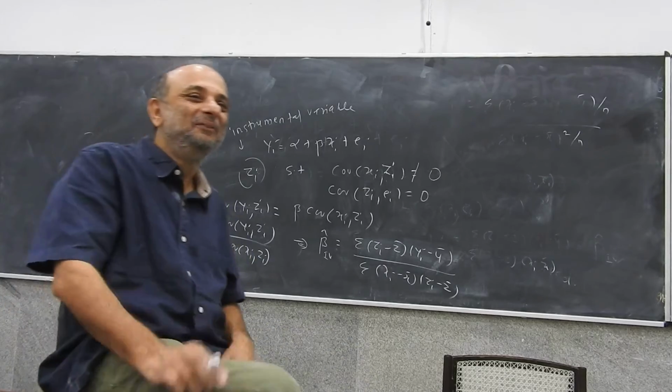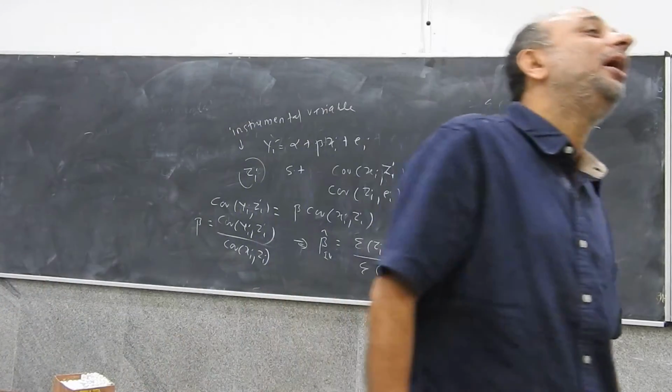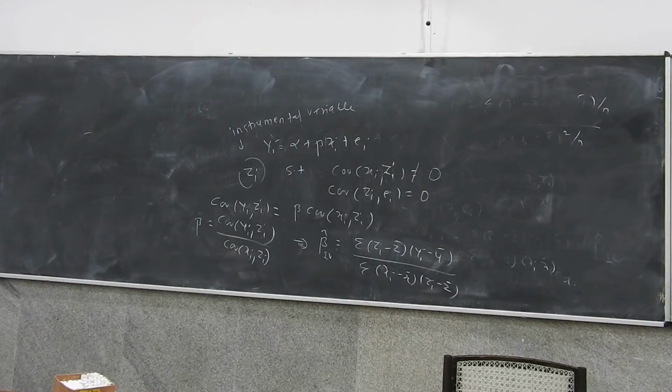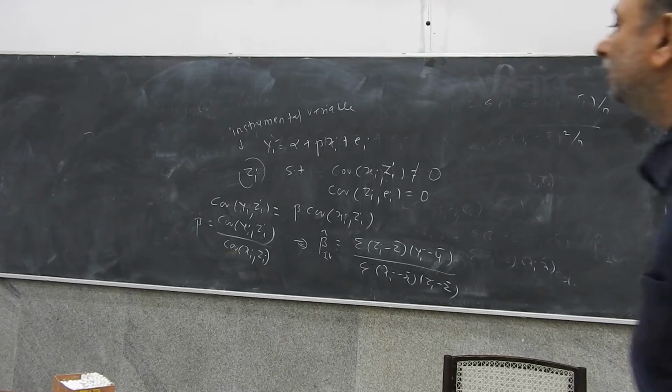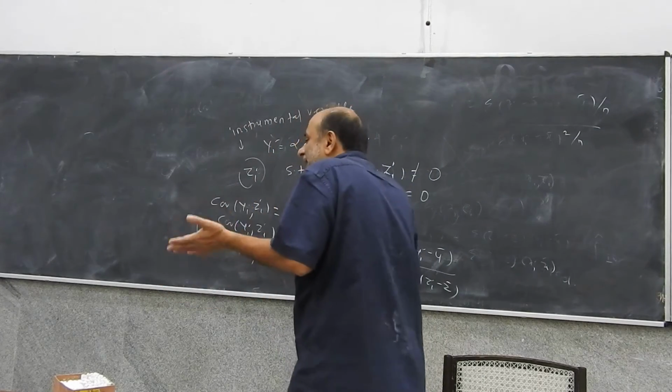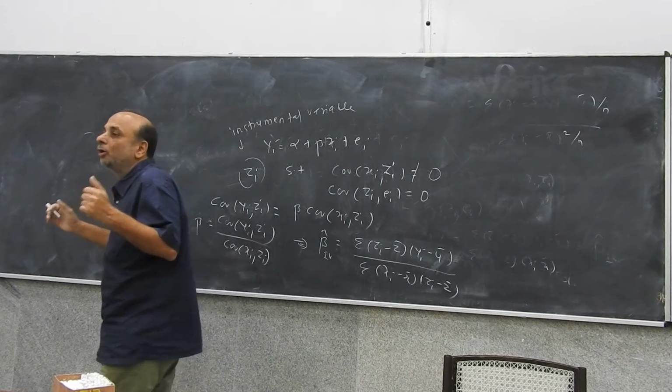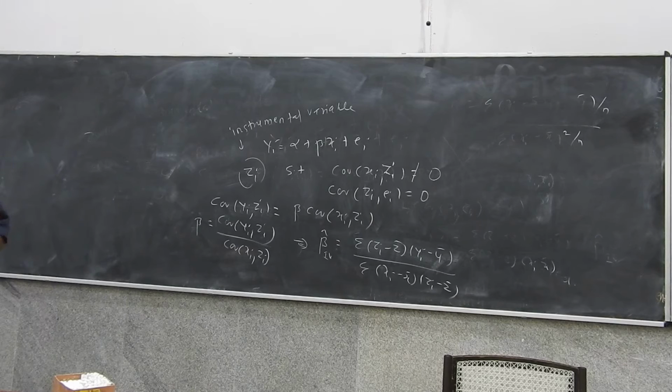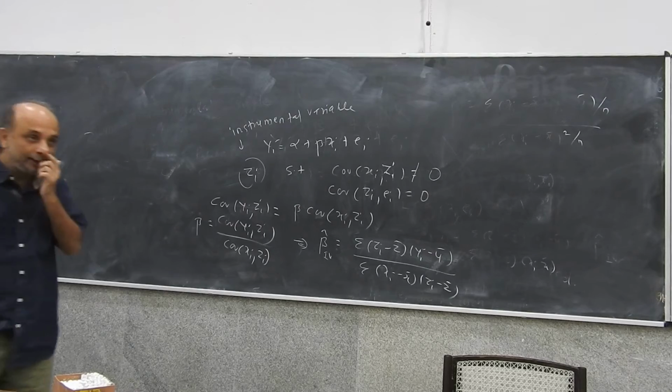Right? But let me give you an example of how economic theory tells you how you will find variables. Please remember, the basis of all econometrics continues to be economic theory, because it tells you what variables to include, what variables to exclude, what variables should act as instrumental variables, and so on.